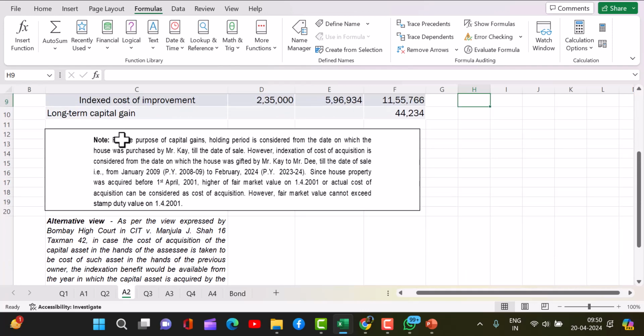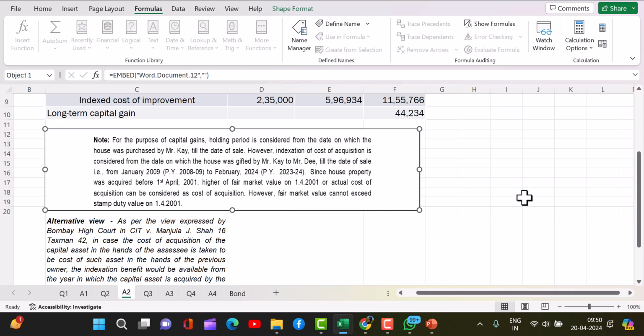So just read this also, Kajal. Yes, sir. Note, for the purpose of capital gains, the holding period is considered from the date on which the house was purchased by Mr. K till the date of sale.